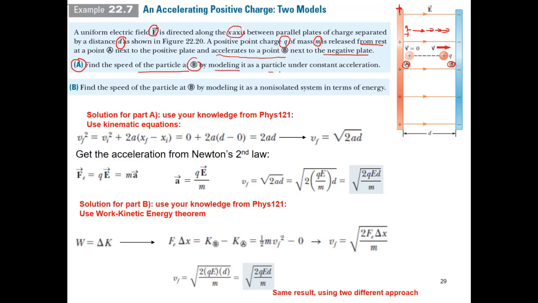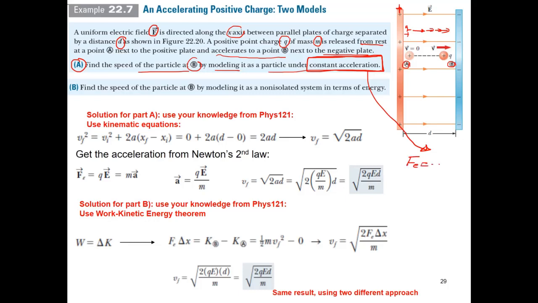Modeling it as a particle under constant acceleration. Let me remind you of something in physics 1. When you have constant acceleration, we do use kinematic equations, right? And that's exactly the case here. By the way, why is there a constant acceleration? Let me explain. We know there is a constant acceleration because the only force acting on Q is the electric force.